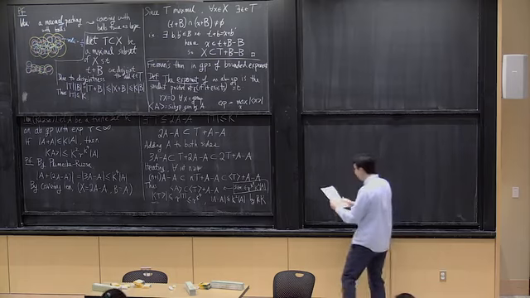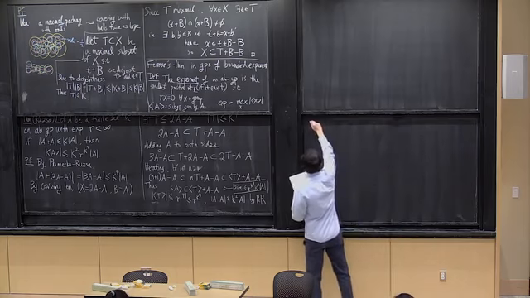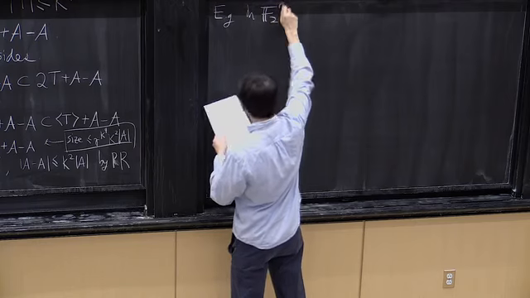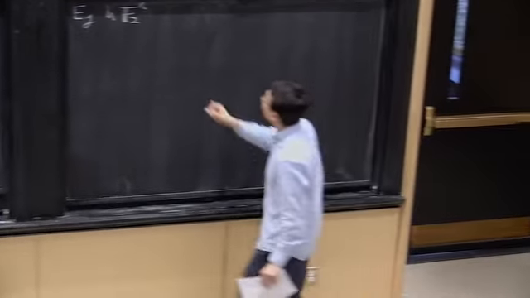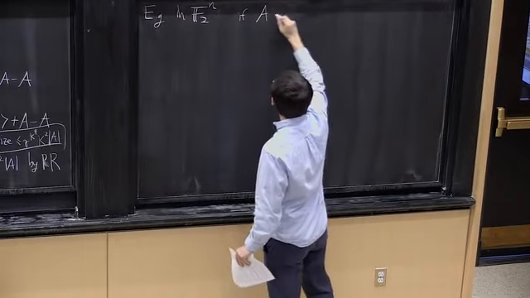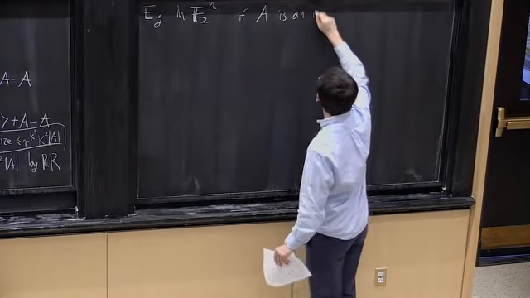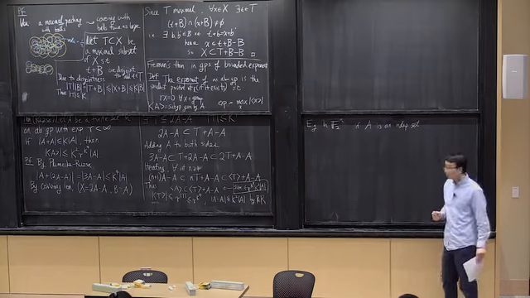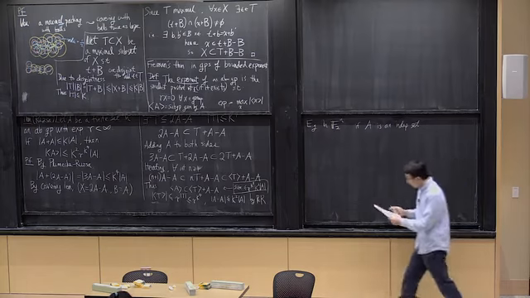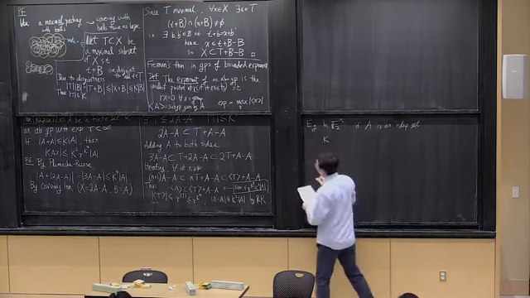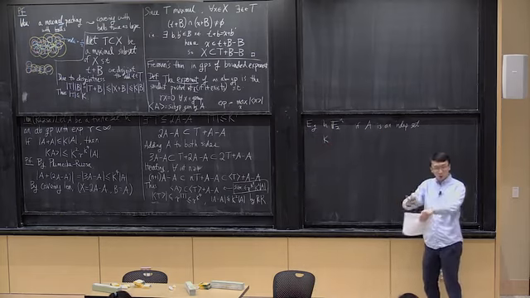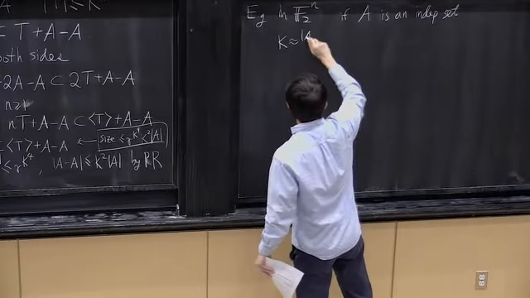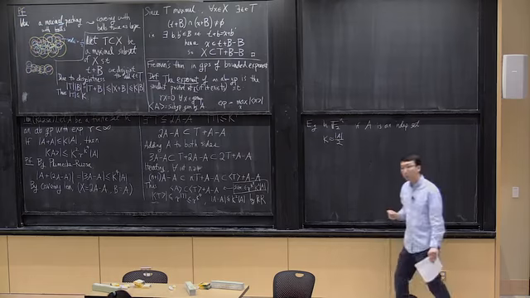Right, so even in F2 to the m, if A is an independent set, so a basis or subset of a basis, for instance, then all the pairwise sums are distinct. So K is about the size of A over 2.